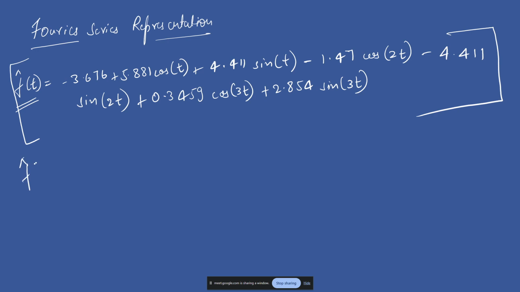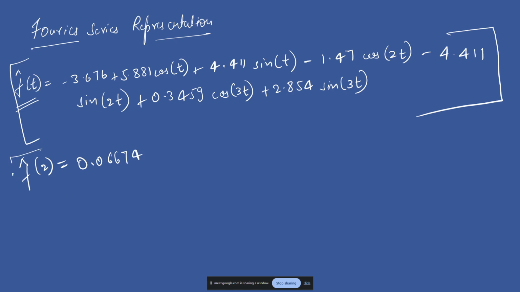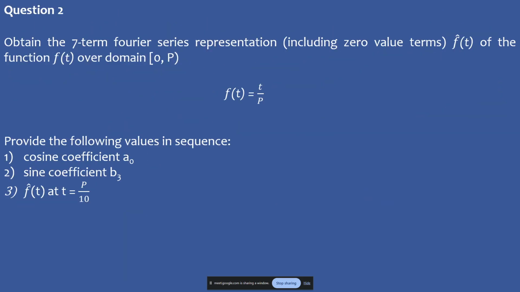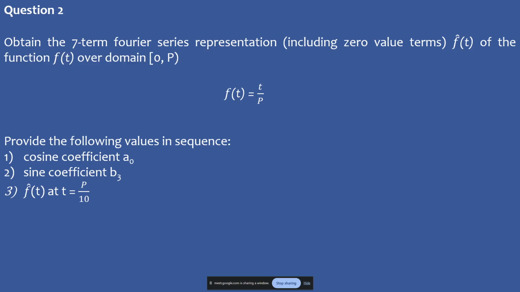So f cap at 2 seconds, the value which is available with me is 0.06674. Yeah, so you can try the second question. We'll discuss this after 5 minutes.